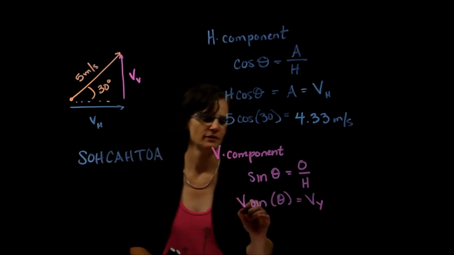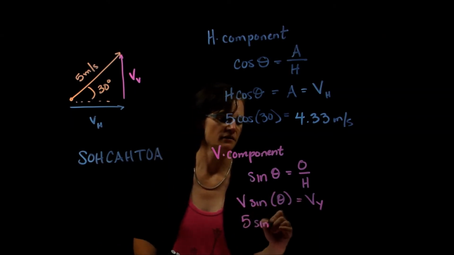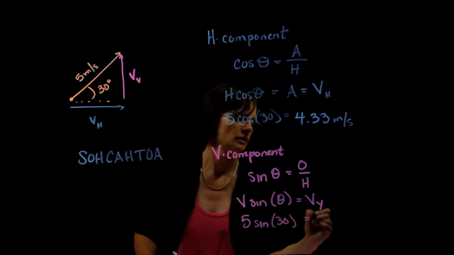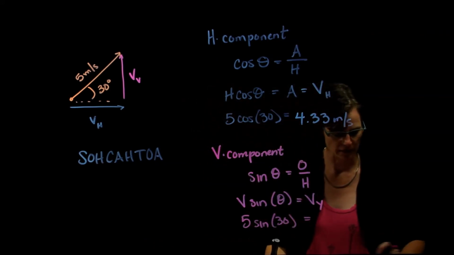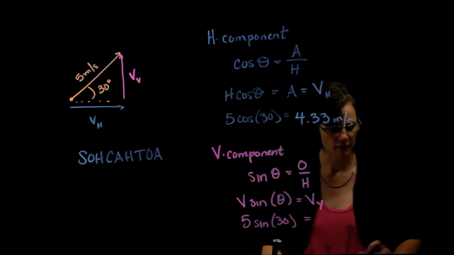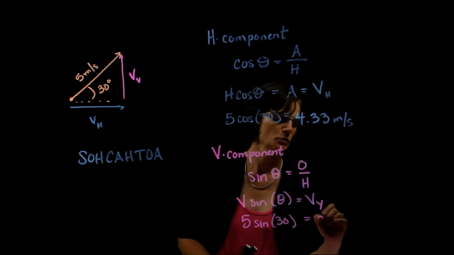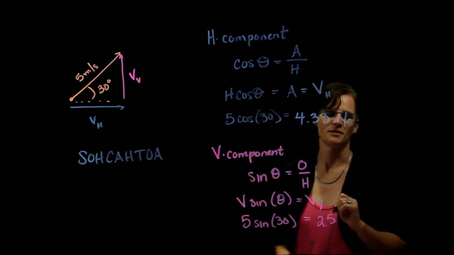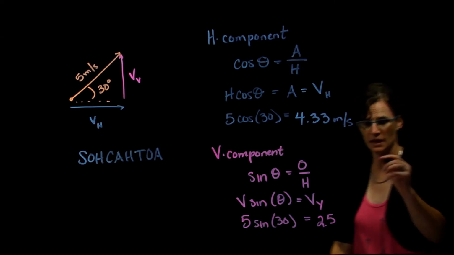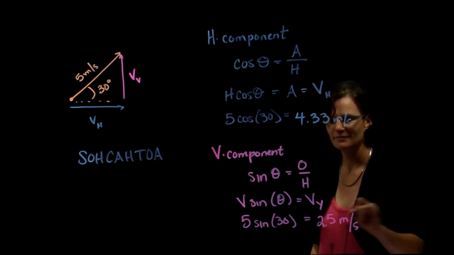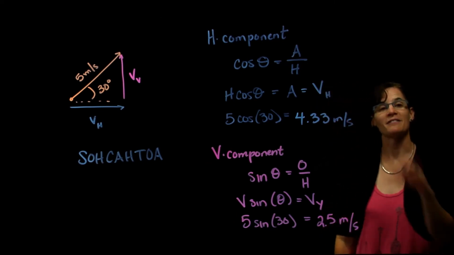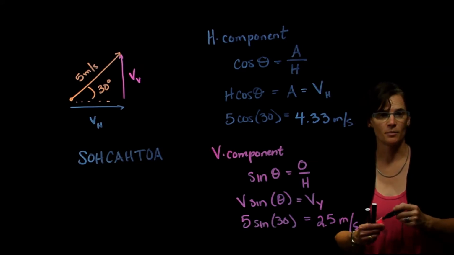So 5 times the sine of 30 gives me 2.5 as my velocity component, meters per second. So that's how we go from a vector into its respective components.